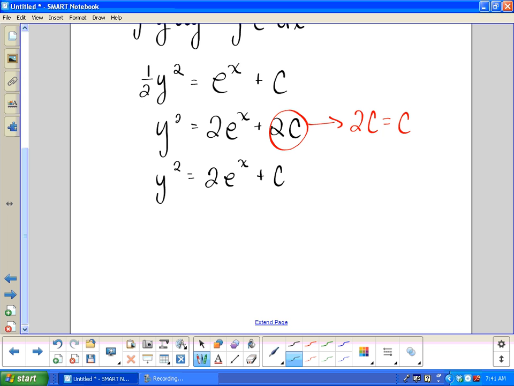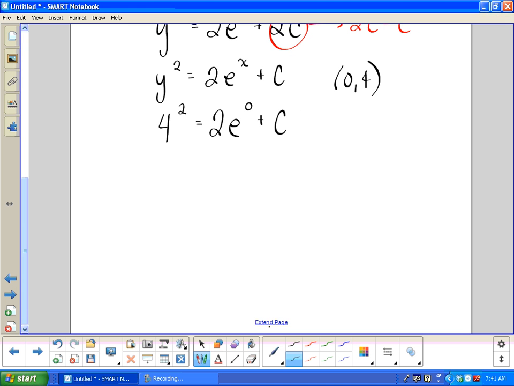So I want to use my initial condition to solve for c. So I was told that when x is 0, y is 4. So I'm going to plug both of those in. So I get 4 squared is equal to 2e to the 0 plus c. So 4 squared, this is 16, is equal to 2 plus c. So then 14 is equal to c.